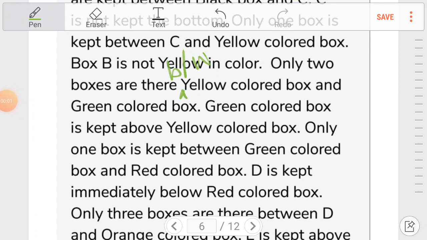The next statement is saying only two boxes are there between the yellow colored box and the green colored box. So we know the position of the yellow color box in two cases, and he is saying that there are two boxes between yellow color and green color. So the third one from the yellow color box is green color.